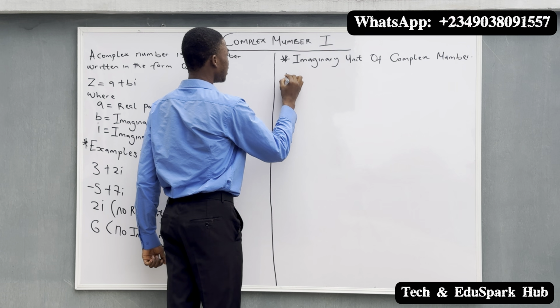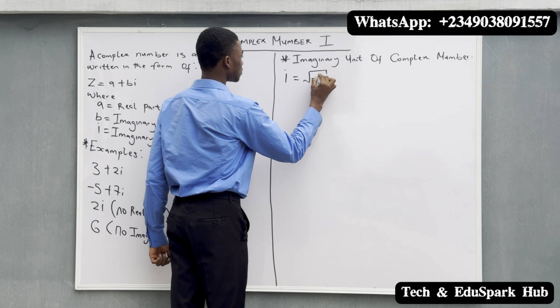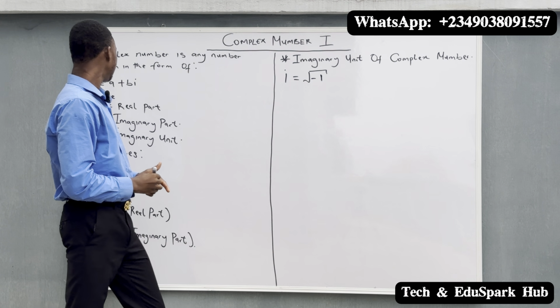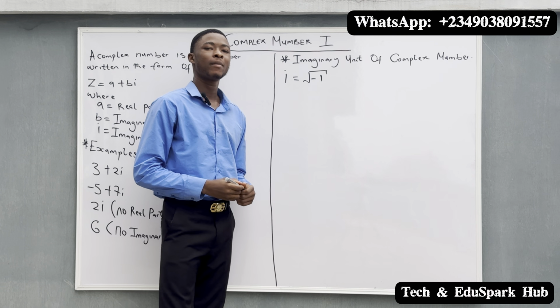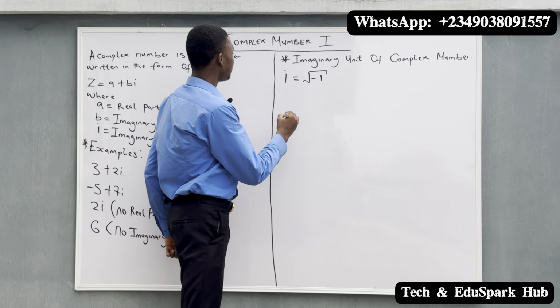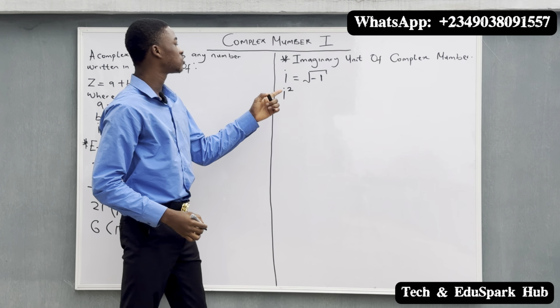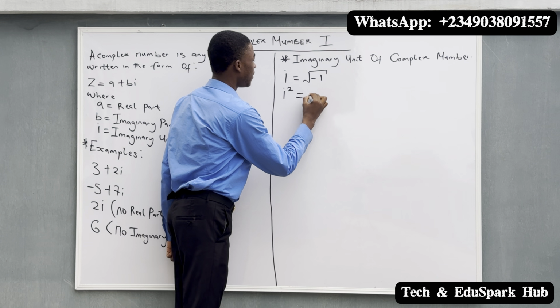Firstly, we have the i, which is equal to the square root of -1. So just know that the i in this imaginary unit is equal to the square root of -1. So moving on, we have i squared. If i is equal to square root of -1, definitely i squared will be equal to -1.